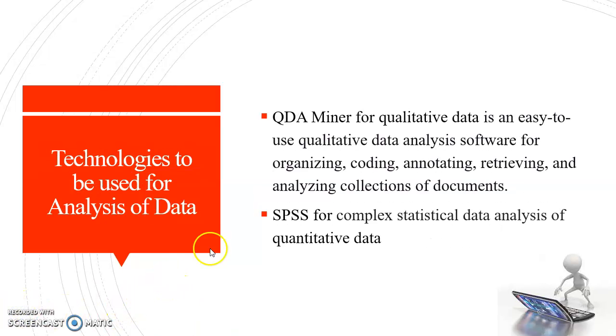The technology we want to use for the analysis of data is going to be QDA Miner, qualitative data analysis software. It's quite easy to use, and it's going to help us with organizing, coding, annotating, and retrieving the data that we collected qualitatively. We also want to use SPSS, which is the Statistical Package for the Social Sciences, and this will help us with the more complex statistical analysis of the quantitative data.